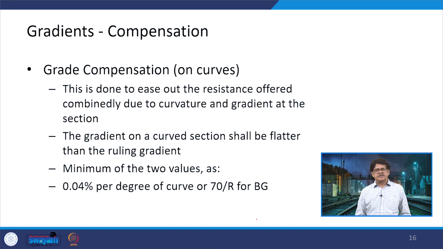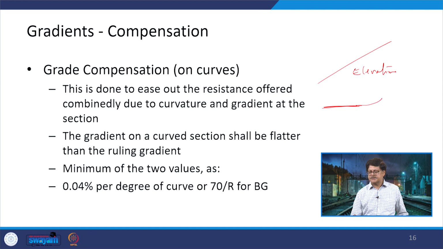Now, the next thing is grade compensation. What is grade compensation? We discussed it previously, where there is a gradient on which the track is being laid, but at the same time, if I look at it in the plan, this is the elevation. In the plan, we found that it is a straight track up to this point, then there is a curve section, and then maybe a straight section again.